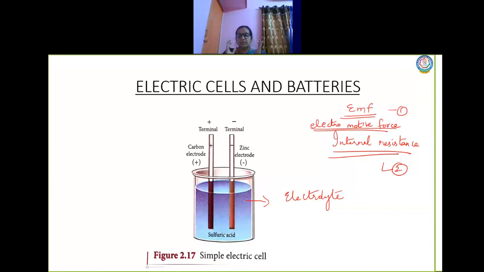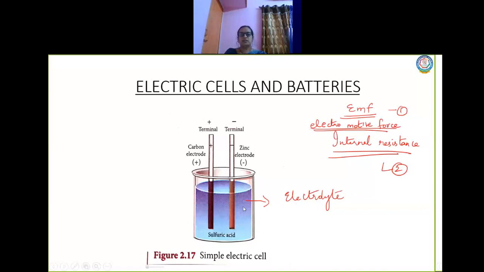So in an open circuit, the potential difference between the terminals of the battery A and B is nothing but EMF.